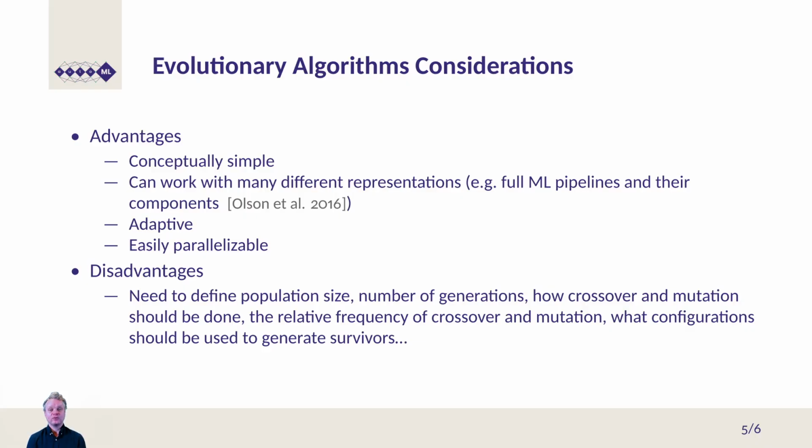We need to define the relative frequency of crossover and mutation, what configurations we should take to generate survivors, and so on and so forth. So a lot of things that we need to decide before we can start applying evolutionary algorithms, and most of these in many cases will have a substantial impact in practice.